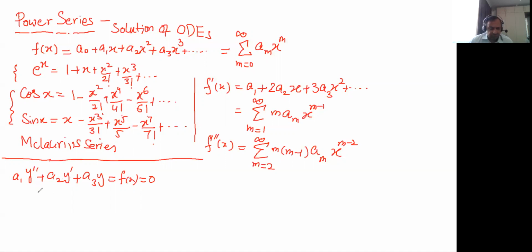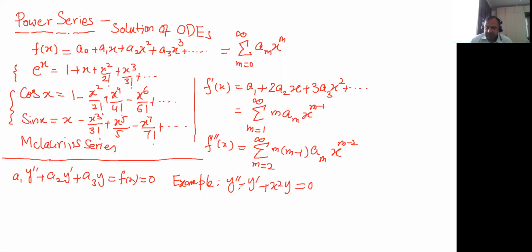So for example, this equation, y double prime minus y prime plus x square y.